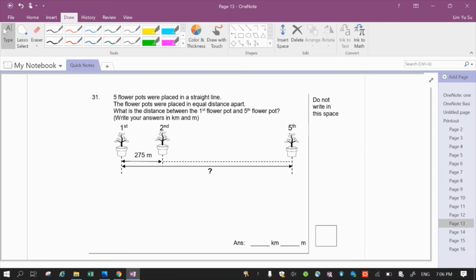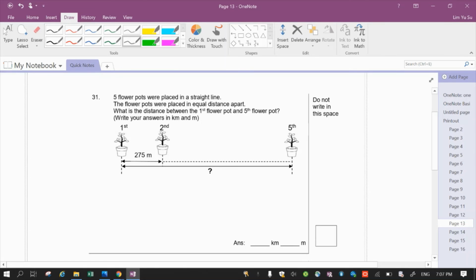Previously, when we talked about fractions on the number line in the previous video, you also heard me talking about intervals. The idea of finding intervals is common throughout different topics as well.